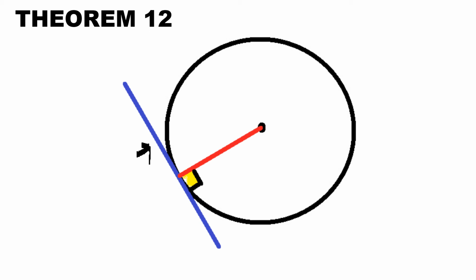Bakit siya tangent line? Nag-touch lang siya sa circle at exactly 1 point. So, kung nag-meet si radius at saka si tangent line dun sa point of tangency, nagpo-form sila ng 90 degrees.